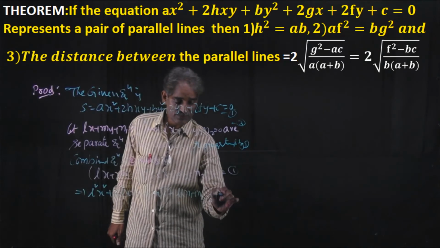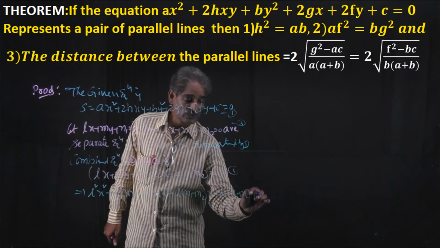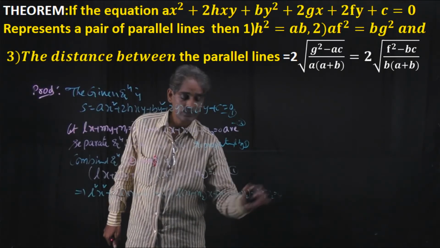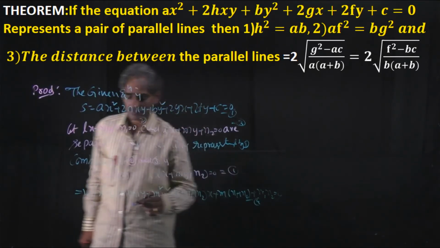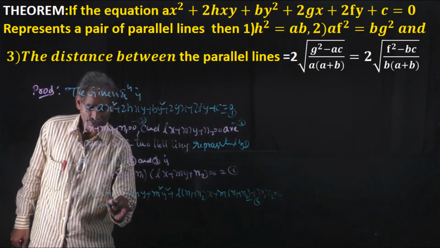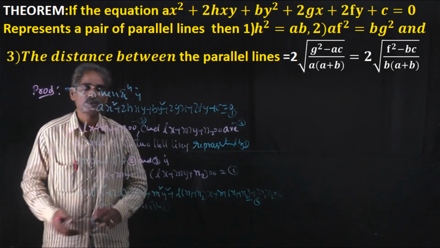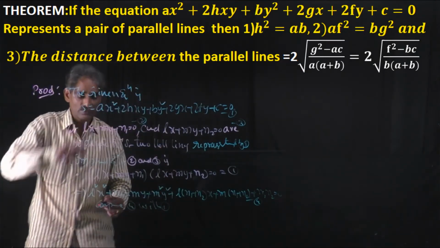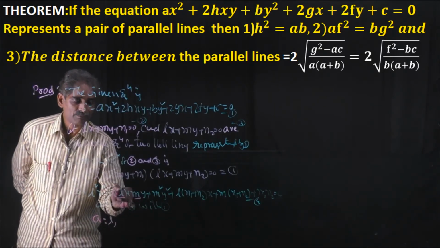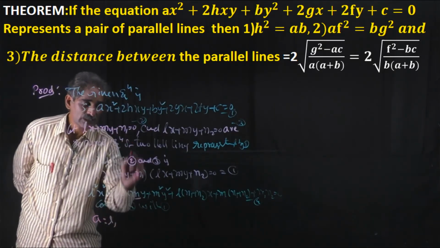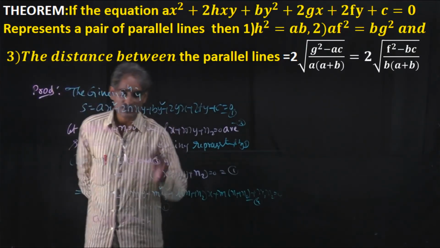Similarly, the y coefficient is m into n1 plus n2, plus n1 n2 is equal to 0. Now compare this equation 4 with equation 1. Understand? So what about the x square coefficient? a is equal to L square. 2Lm is equal to 2h, Lm is equal to h. The y square coefficient is m square, that is b.